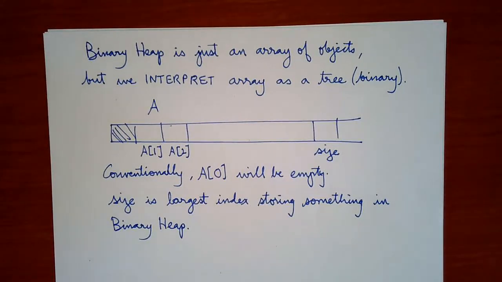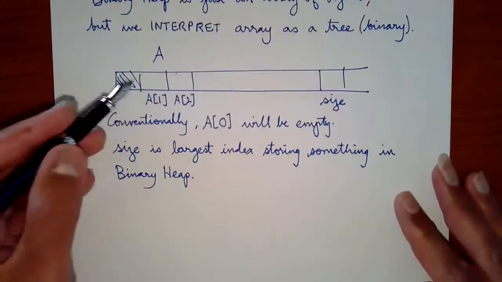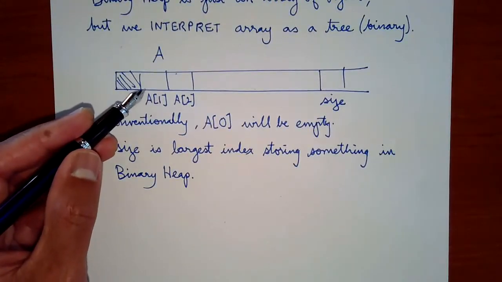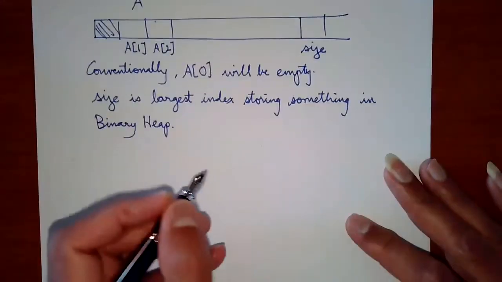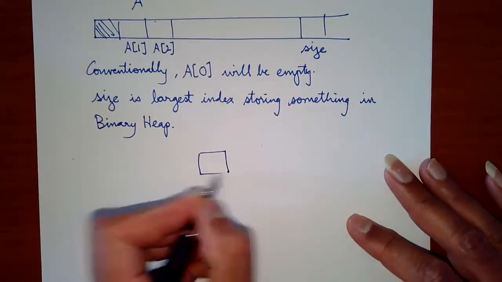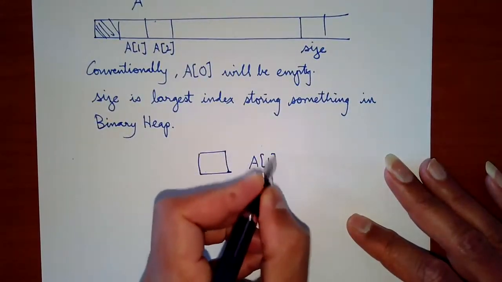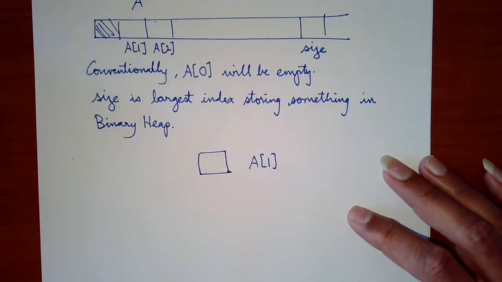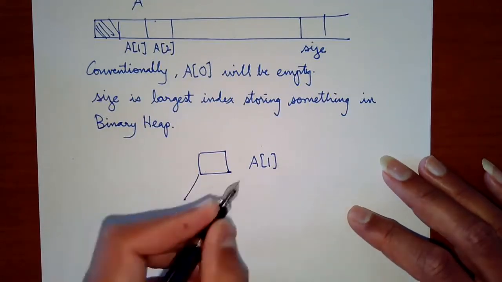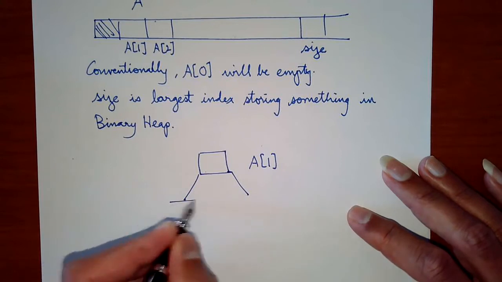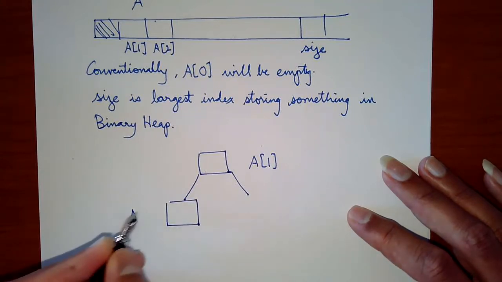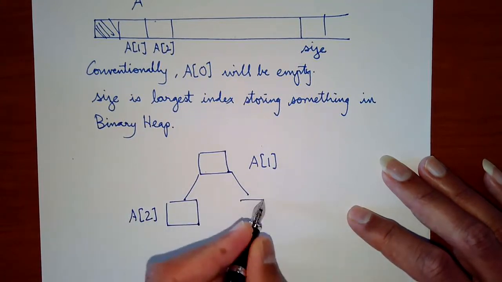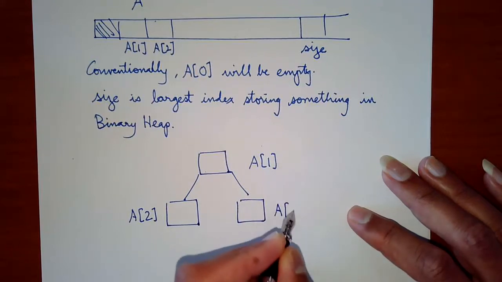Okay, but now here's the important thing. How are we going to interpret this as a tree? We are going to treat A1 to be the root. And A1 is going to have two children, A2 and A3.